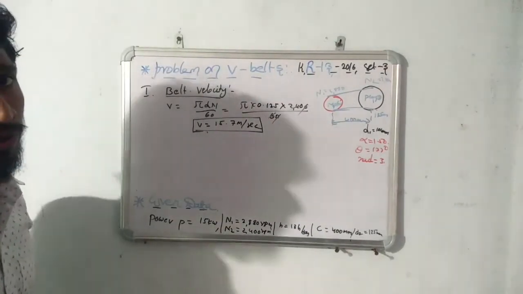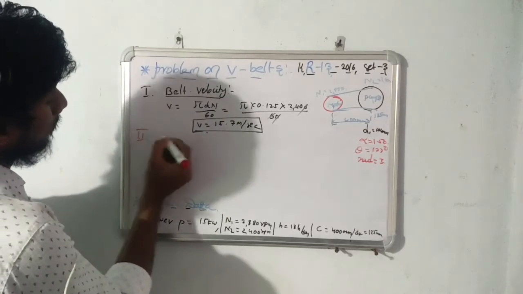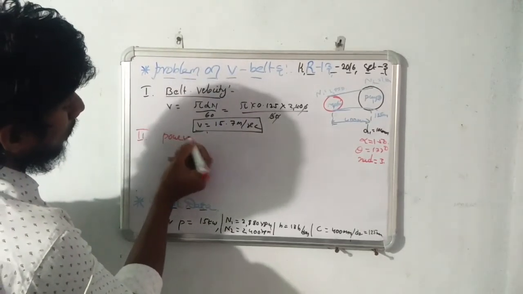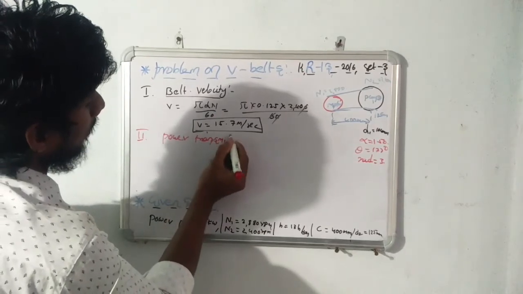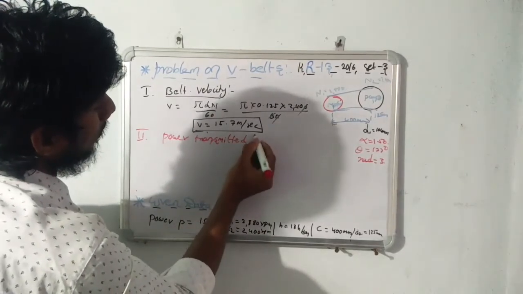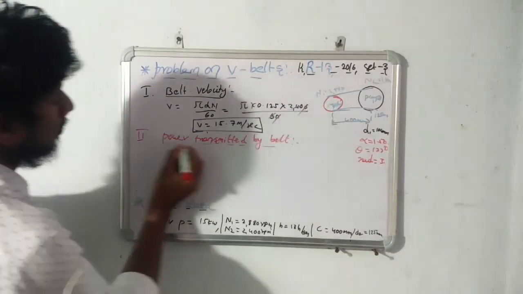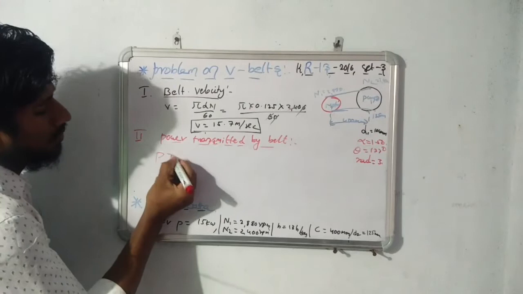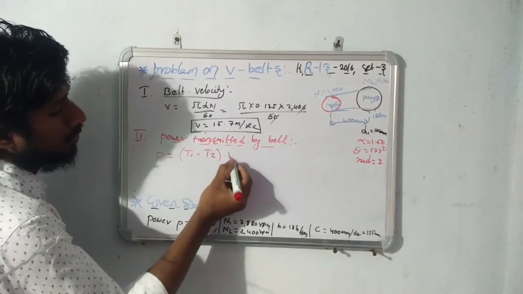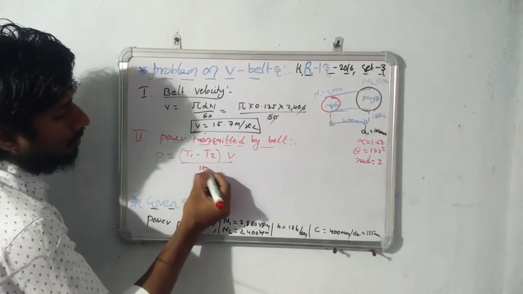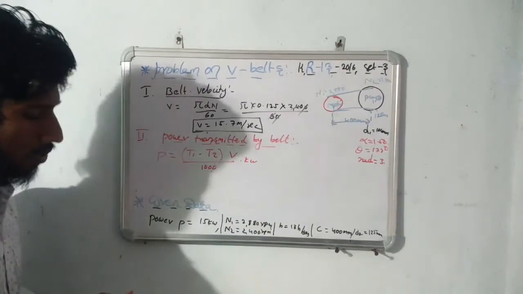Next we are going to find the power transmitted by the belt. P equal to T1 minus T2 into V by 1000 kilowatts. This 1000 indicates the unit conversion.